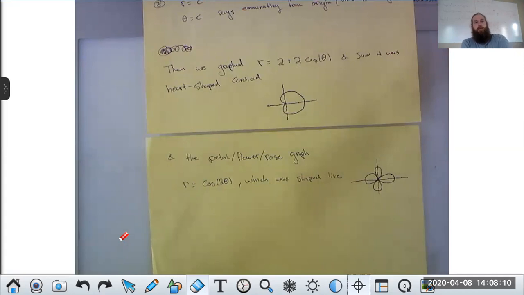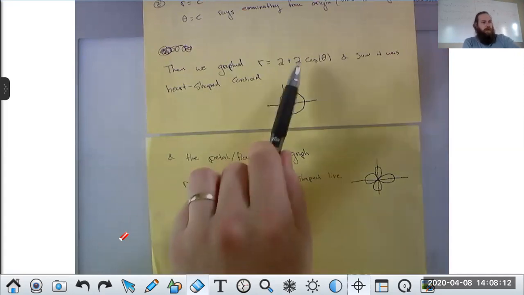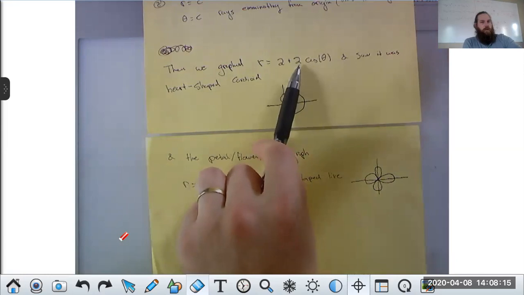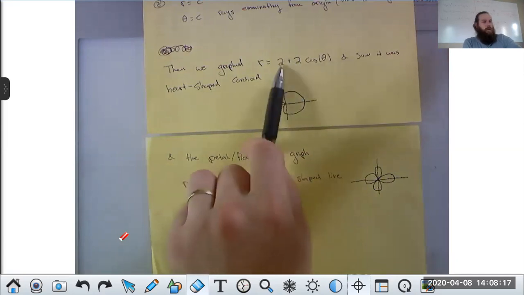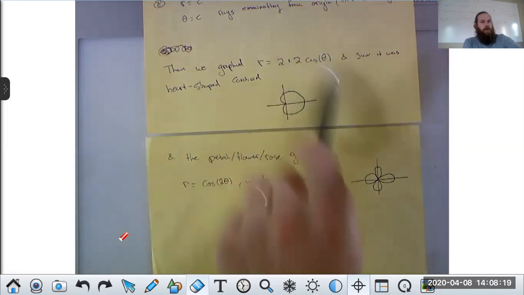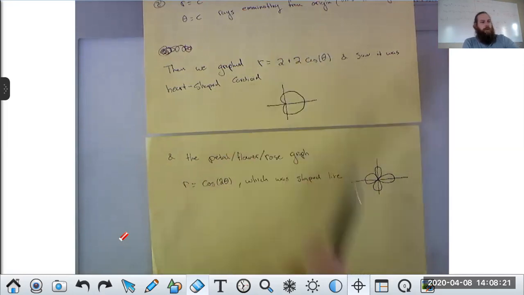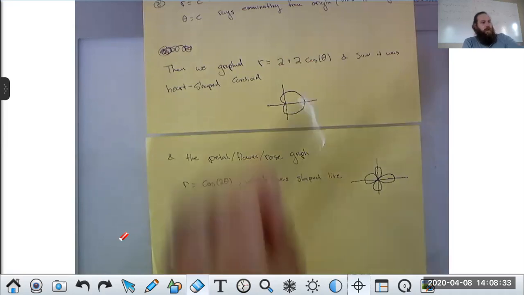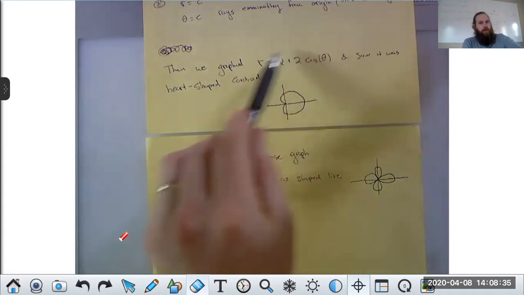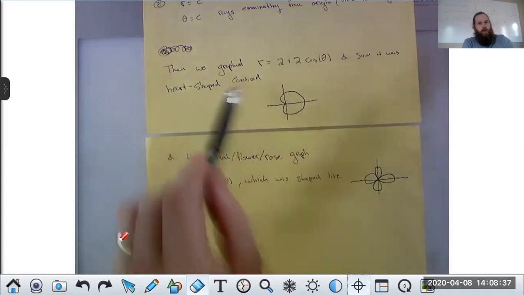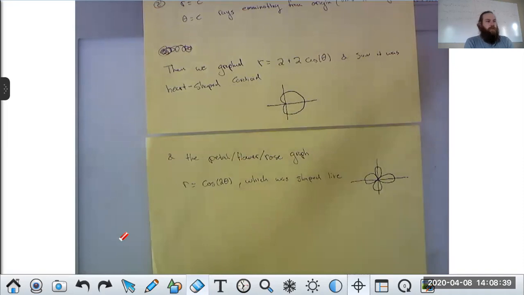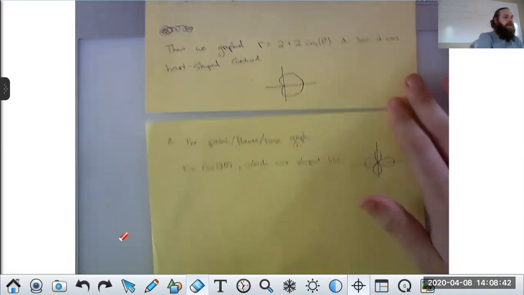We mentioned that if this was a 1, so that the graph dipped below the x-axis, that would create some loopy behavior, kind of like in the petal graph. So that's what I'd like to look at next, and those are called limaçons. One example of another member of this family of curves, even though it's not actually a cardioid, would be this next one we're going to play around with, and it's called a limaçon.